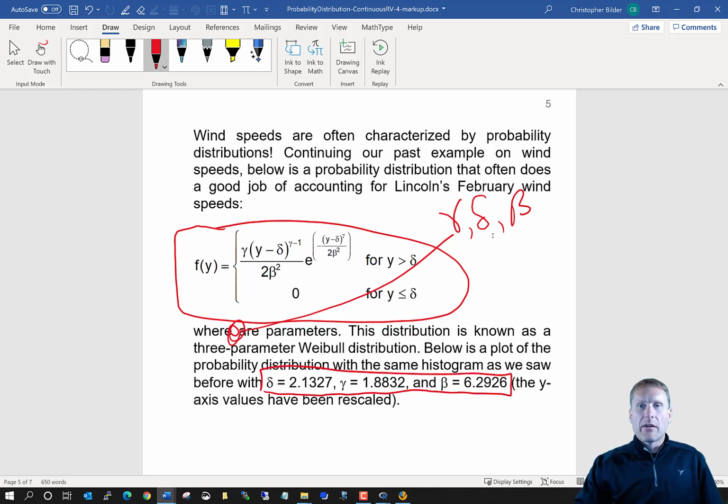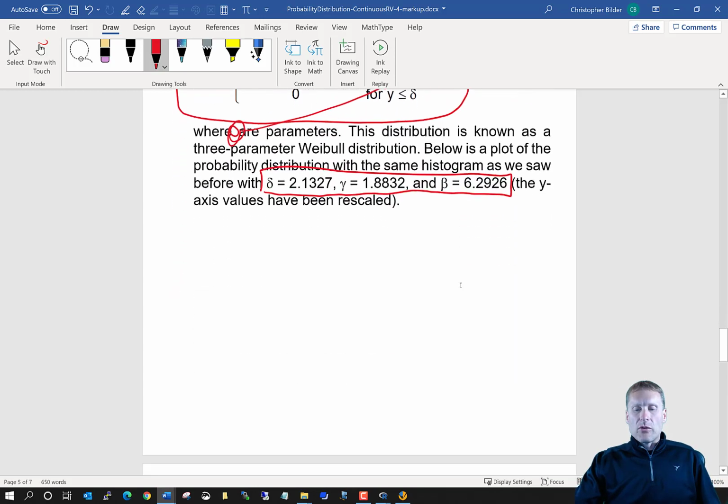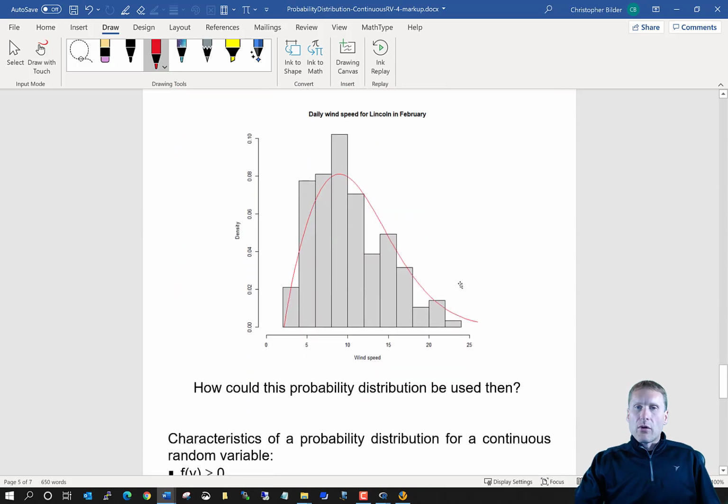Don't worry about that in our course. And what this gives me are the best estimates of those parameters given my sample. Well, let's actually look at a plot then of this probability distribution relative to our histogram.